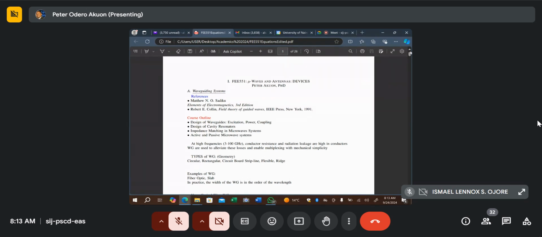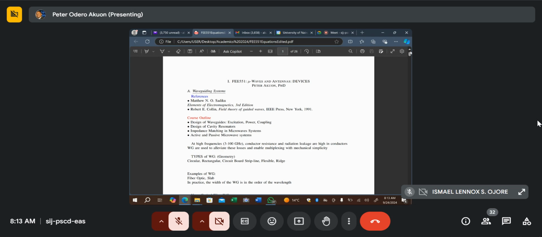Then we also have design of cavity resonators, and then impedance matching in microwave systems, and then active and passive microwave devices and systems.